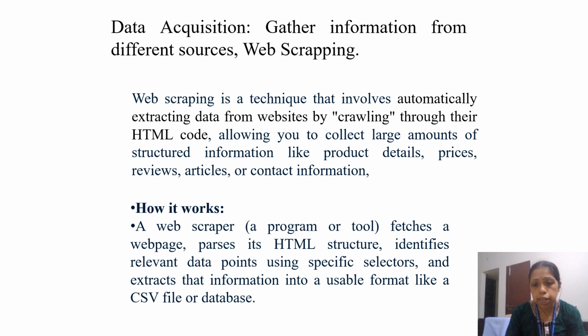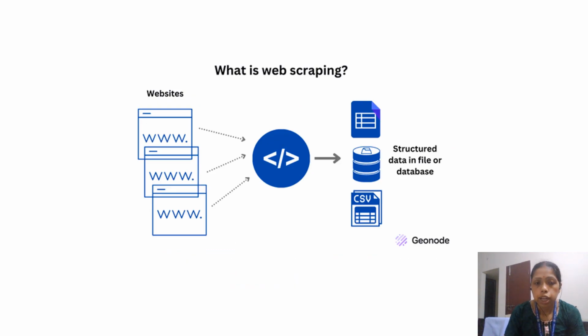You have to parse the HTML structure using the specific selector and retrieve the data from the HTML, which you can again transfer into a suitable CSV file format. Various websites are there. You have to parse the HTML from the website, where the tags will be there. From the different tags, you can get the content, and you can store that content in the database.